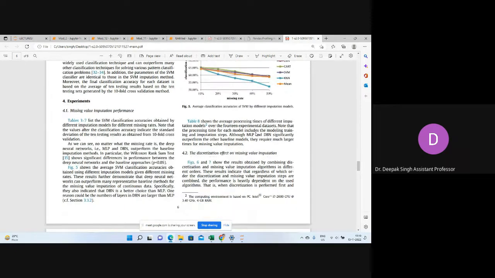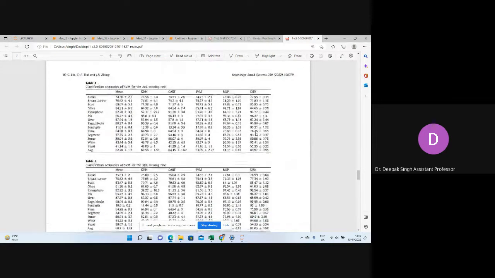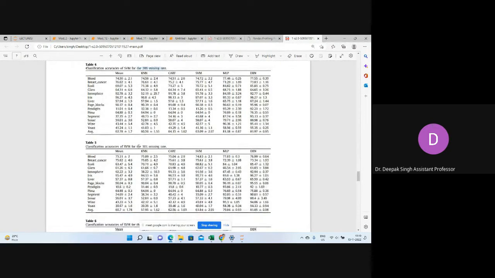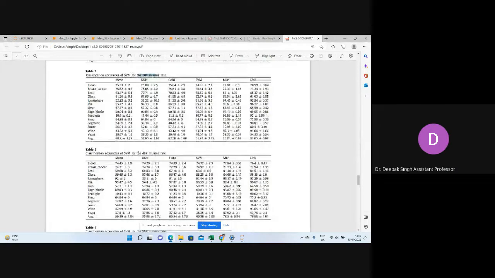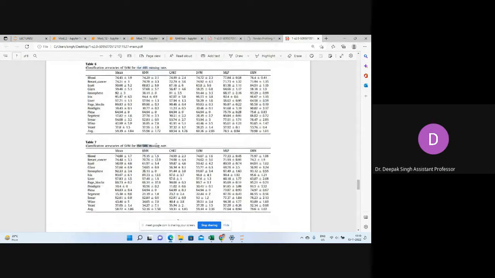Okay, then when you have 20% of the missing values, this is with respect to 30% missing values, 40% and 50%. So they conducted this many experiments.